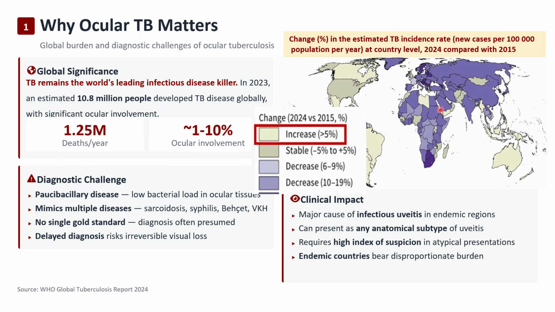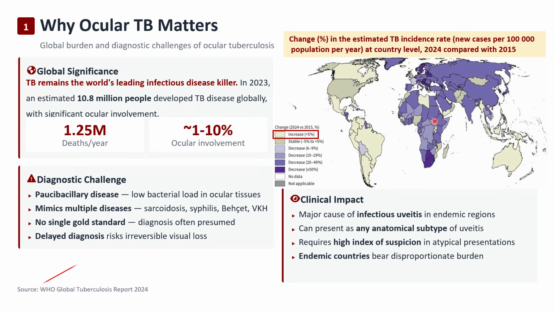So when you look at the map, you find Libya with a special color because they have increased, and adjacent countries have decreased the prevalence of tuberculosis. So this should raise the flag or the alarm for the responsible people to take action against this problem. And also for us as ophthalmologists, we should keep tuberculous uveitis in our differential diagnosis.